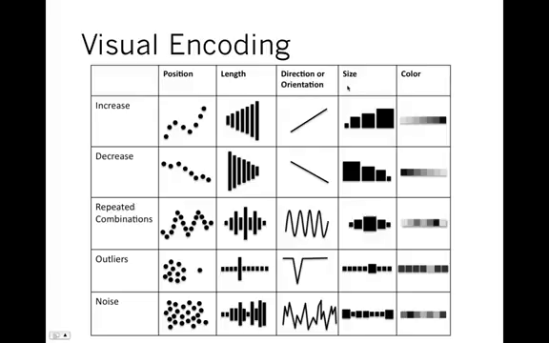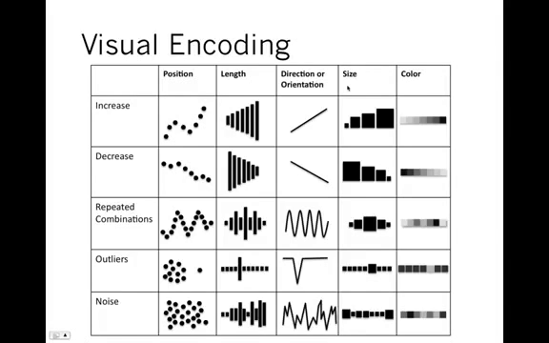And here you see a matrix or a table where each column, starting from the second column, represents a particular visual attribute. So these are position, length, orientation, size, and color. And every row is a particular pattern or trend that we're trying to present in our visualization.